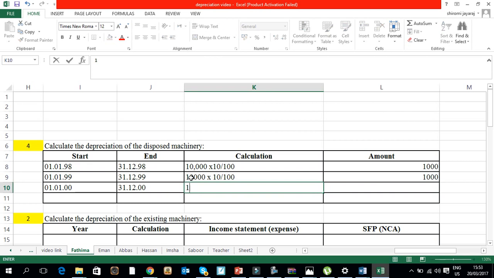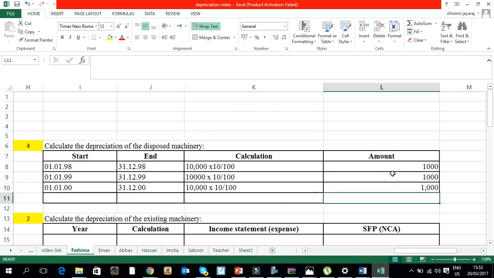And for the next year, 10,000 times 10 divided by 100, which gives 1,000. Now you're clear that the total depreciation for the disposed machinery is worth 3,000.